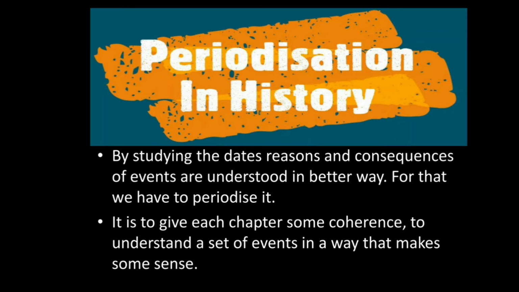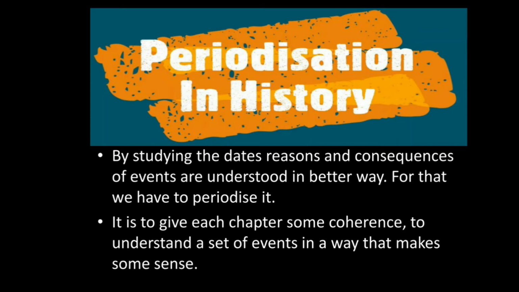It is to give each chapter some coherence, to understand a set of events in a way that makes some sense. And in order to understand the chronology, the consequences, the past event which led to the next event, the cause of that event, in order to analyze a particular event from all aspects, its cause, its happening, its consequence, we need to periodize the history.